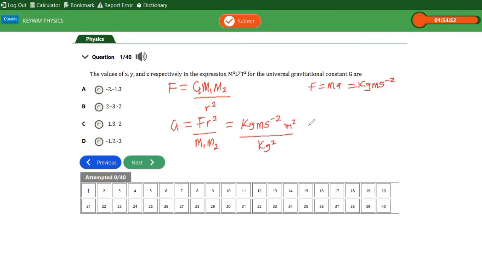So in dimension, since I have kilogram here, which is the unit of mass, the dimension of mass is capital letter M. This is meter, the unit of length, and dimension of length is capital letter L. And this is second, the unit of time, and dimension of time is capital letter T, minus 2.